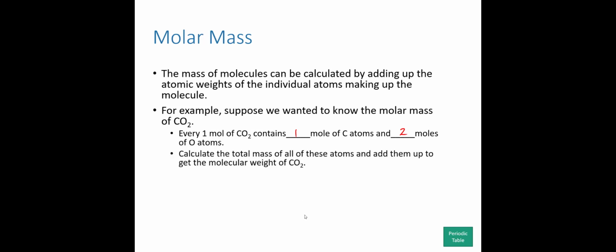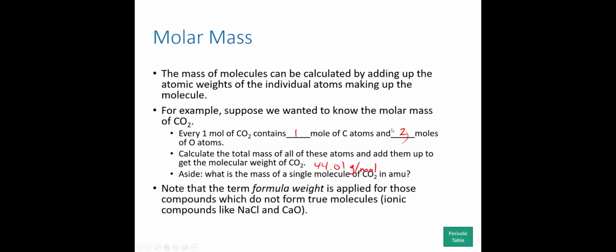So we just add them up to get the molecular weight of carbon dioxide. As I did just a moment ago, that was going to add up to 44.01, and this time instead of AMU, we'll say grams per mole. And again, the mass of a single molecule we just calculated was 44.01 AMU. We just use a different unit.